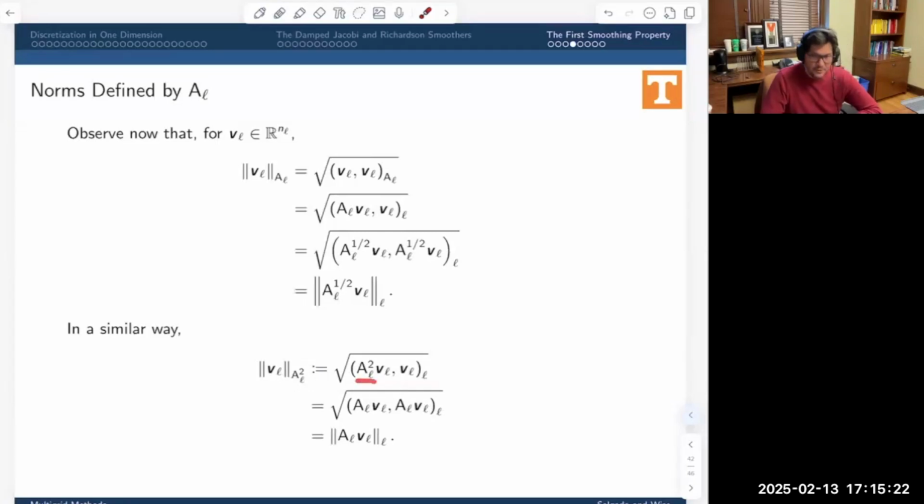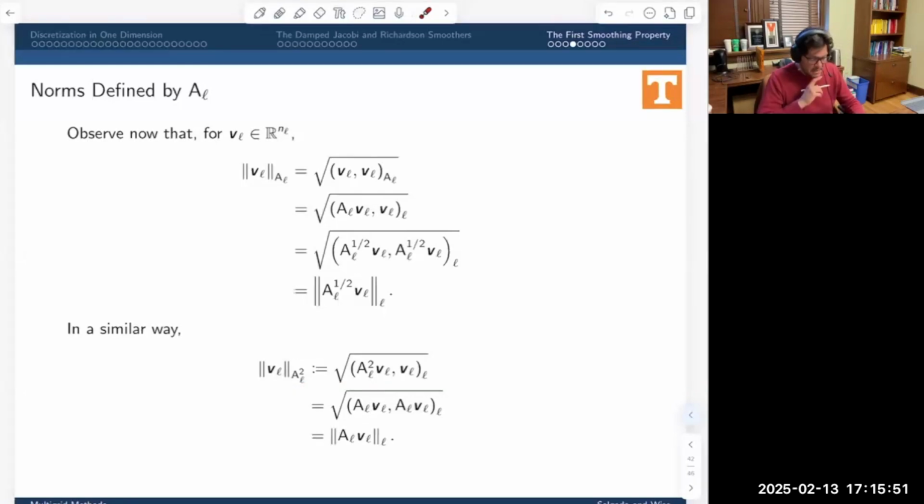But I can break A_L squared into A_L times A_L. And each A_L is symmetric positive definite, so I can take one of them to one side and leave the other one over there. And then clearly this is equal to the standard Euclidean norm of the matrix A_L times the vector v_L. Okay, so that's just two ways of viewing these norms that are kind of commonplace a little bit differently.